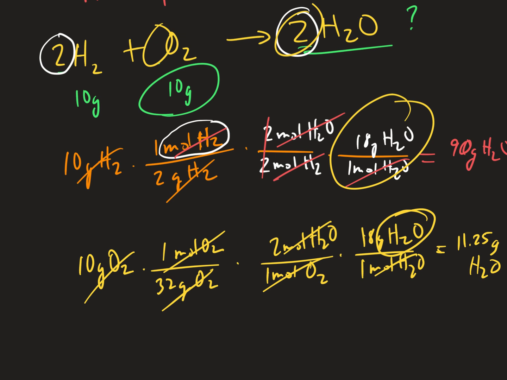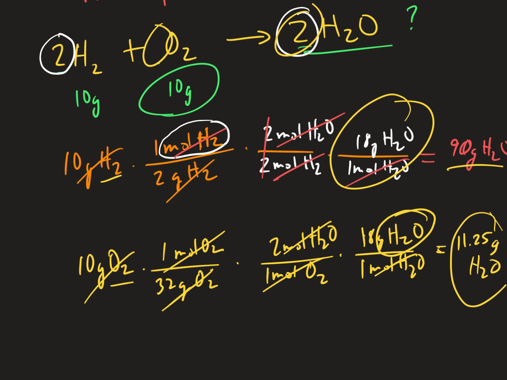All right. So which one, hydrogen or oxygen, limits how much water we can make? Go ahead. Oxygen. If we use all of the oxygen that we have, 10 grams, we're only going to get 11.25 grams of water. So can we make 90 grams of water?